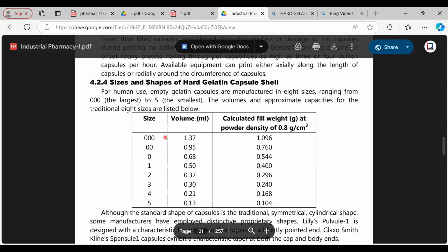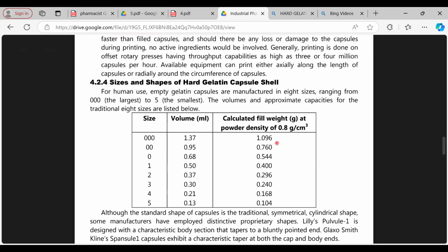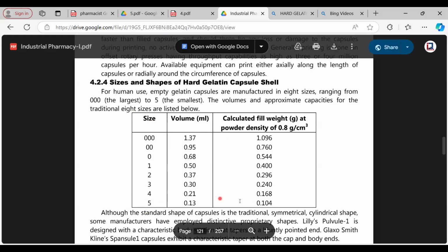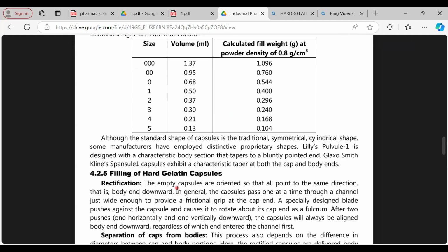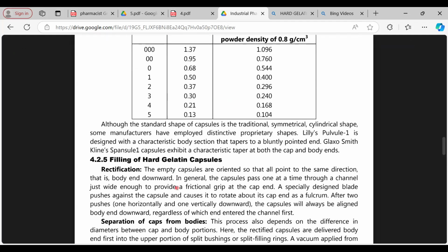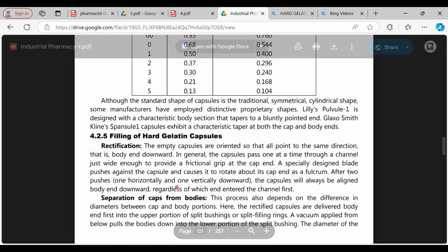So 000 holds 1.96 grams, whereas 5 is the smallest one. So the biggest one is 000, the smallest one is 5. In humans, what we use is size 0. And 000 is generally used in animals, veterinary use. And 1, 2, 3, 4 are much smaller capsules. So look at volume: the most volume is for 000 and the least volume is for number 5. So this is the basic classification of hard gelatin capsules.